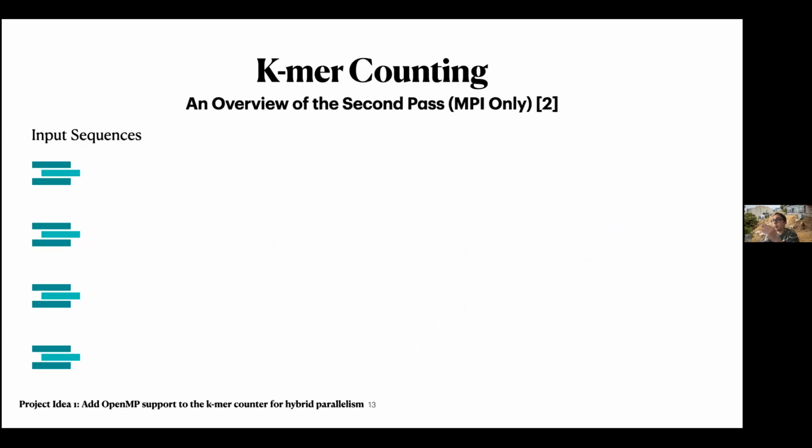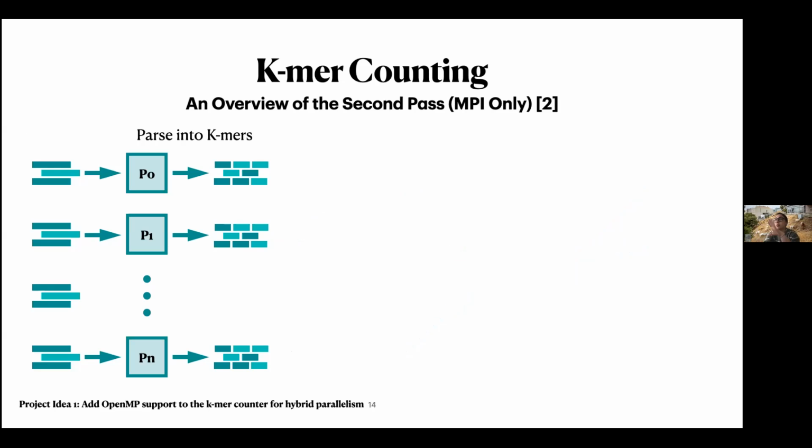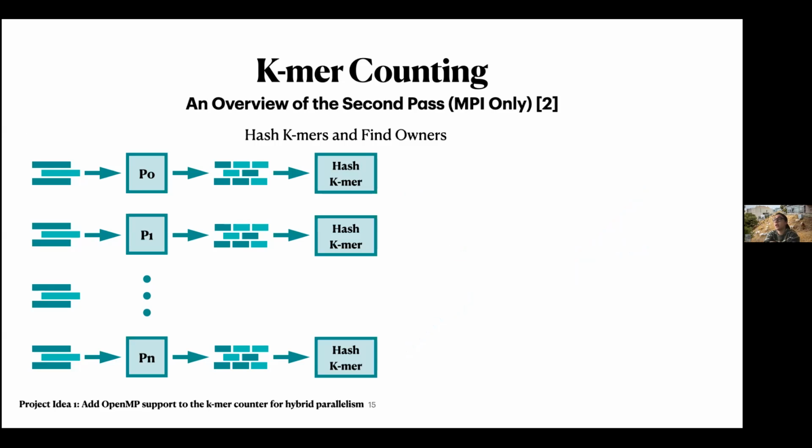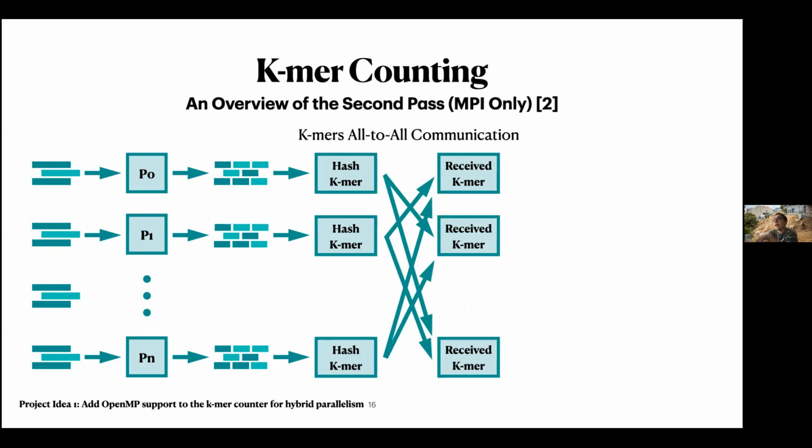In the second step, we again have the sequences local on the processor, parse them into k-mers, and then we hash the k-mers and find the owners. So each k-mer will be hashed to a value, and that value will correspond to one single processor. Then the k-mers will be redistributed using an all-to-all communication to the final owner, so that a given k-mer is always sent to the same processor.